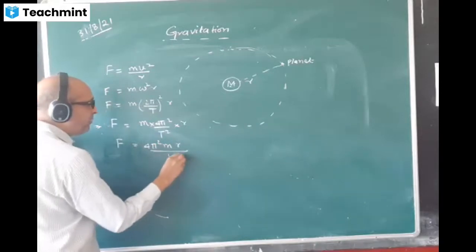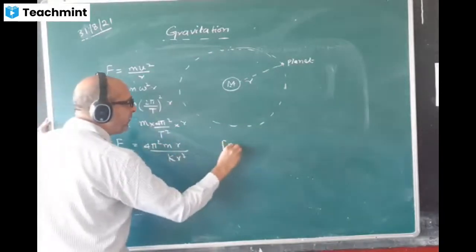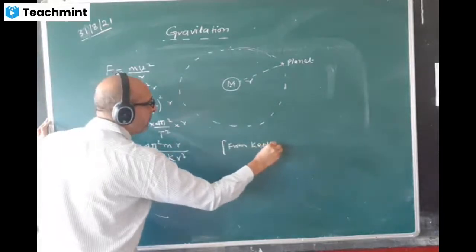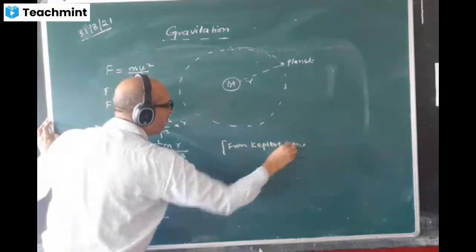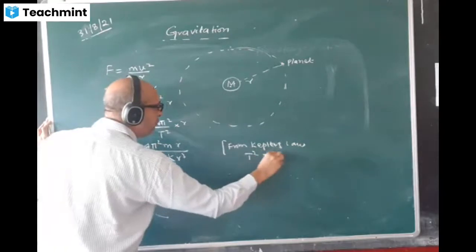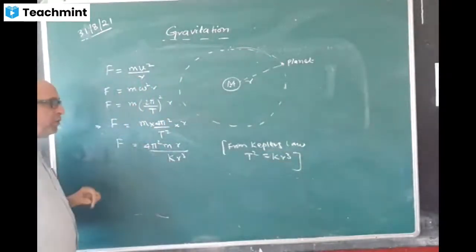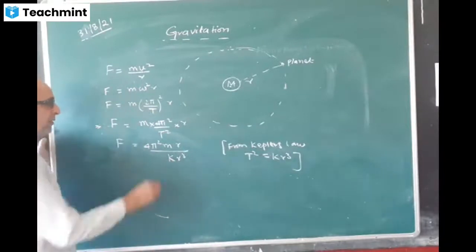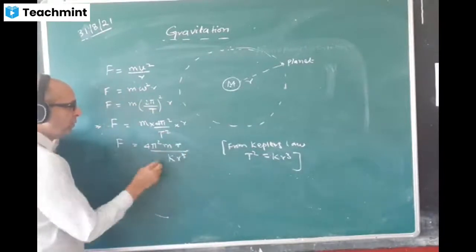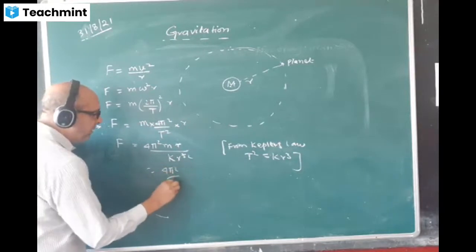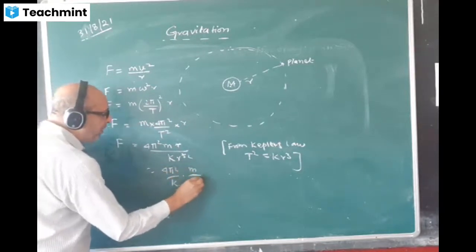From Kepler's law, we have T square is equal to K r cube. So I am writing that. This r and this will cancel, and your answer will now become 4 pi square by K into m by r square.